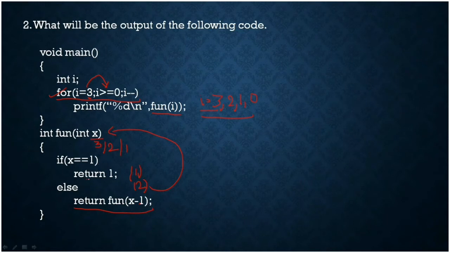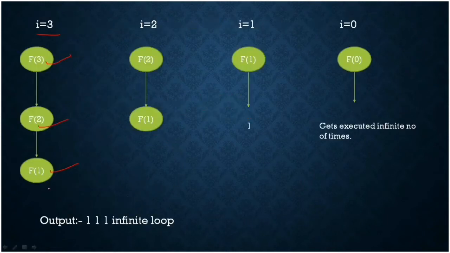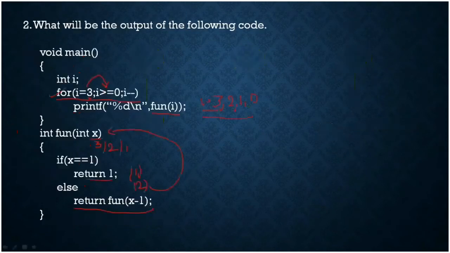Yes, the condition is satisfied, so it will return 1. The same thing is returned to f of 2 also, and the same 1 is returned to f of 3. So now the output will be printed as 1. The first output is 1.